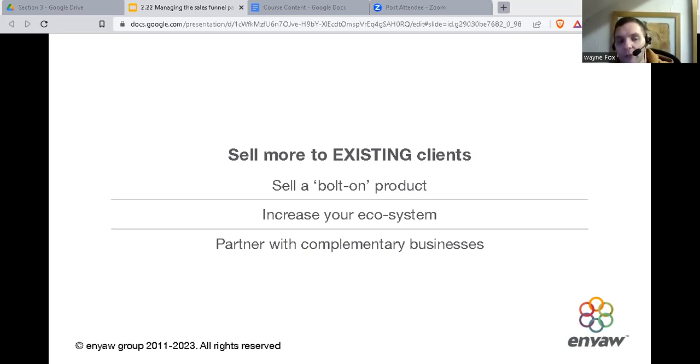An example of this in a B2B environment, if you're an architect and you design someone's house for them, an additional service that they might buy could be an interior designer, for example. Or in, say, a supermarket, you buy your normal groceries and things, but then just as you're leaving the supermarket, you walk past a cafe, a dry cleaners, sometimes even a hair salon. And these are all ways that are designed to take money out of your pocket and put it into theirs.